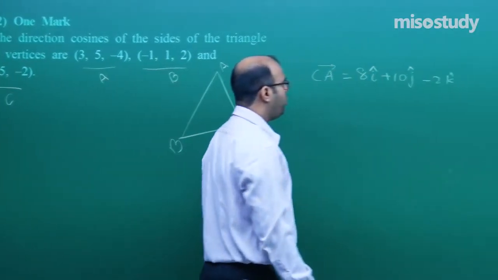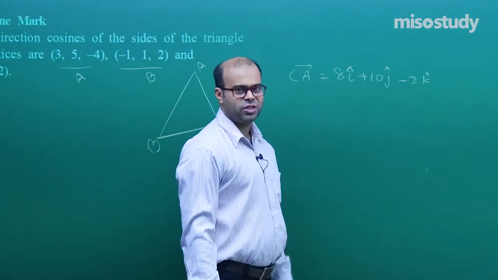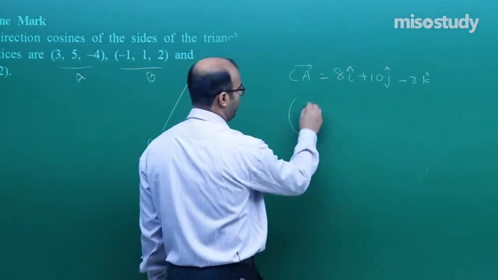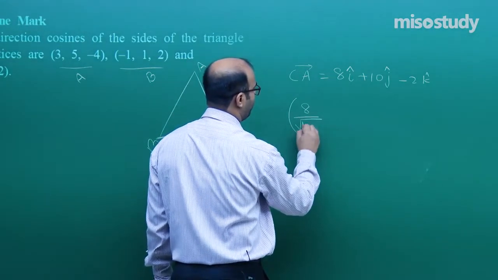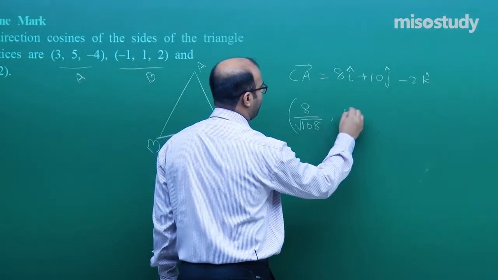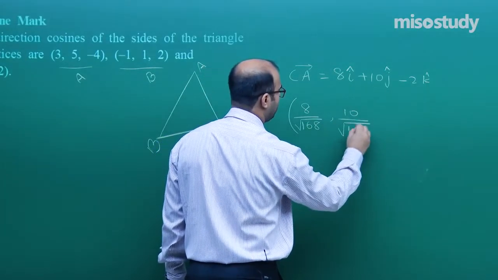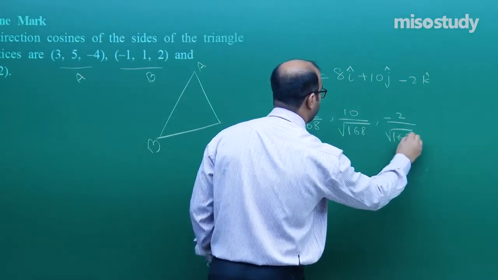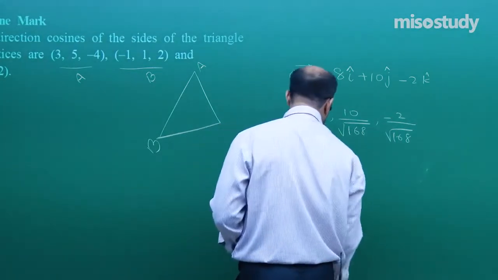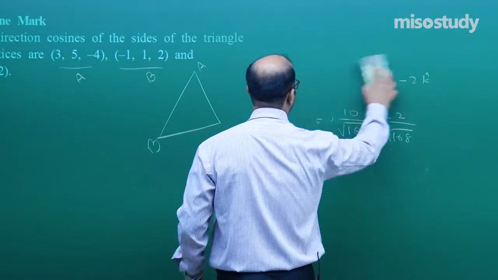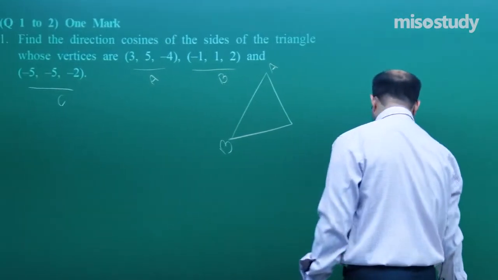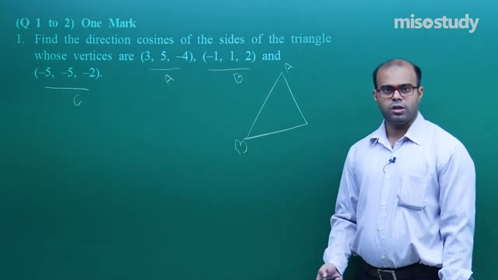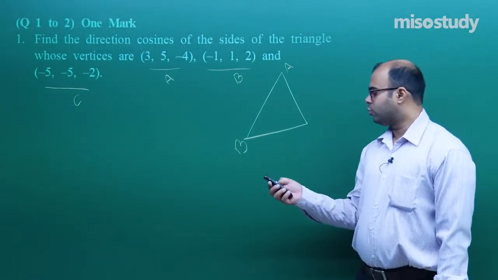What will be its modulus? 64 plus 100 is 164, plus 4 is 168. So, the direction cosines of this side are 8 by root 168, 10 by root 168, and minus 2 by root 168. This is how we find the direction cosines of the three sides of the triangle whose vertices are given to us. It is a lengthy question, but not too difficult. It is a 1 mark question.